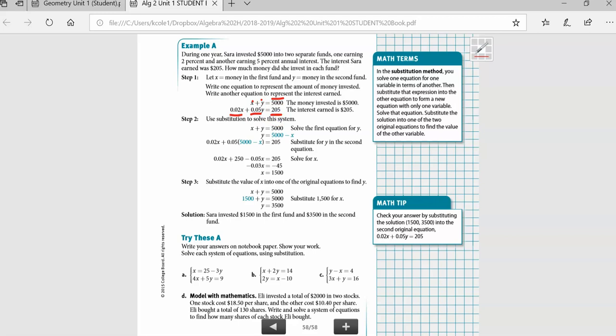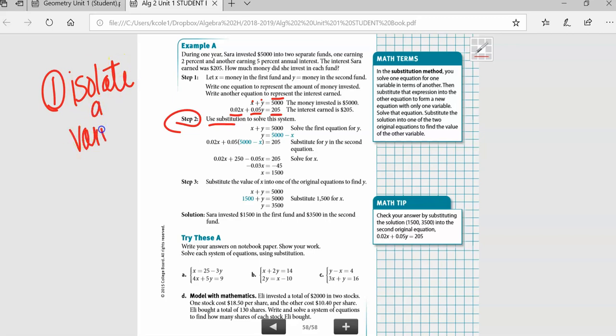So what we're going to do when we substitute, the first thing that you're doing is you need to isolate a variable. And it doesn't matter whether it's X or whether it's Y, but you're really trying to find somebody that's going to be easy to isolate.